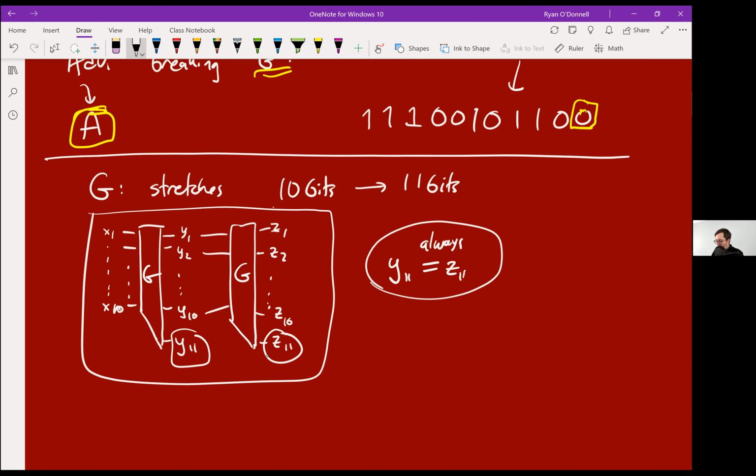I guess maybe something like you feed y1 through y10 into G as part of the adversary. And then if y11 equals z11, you output 1.